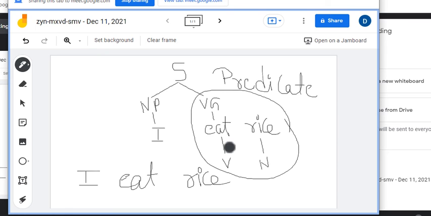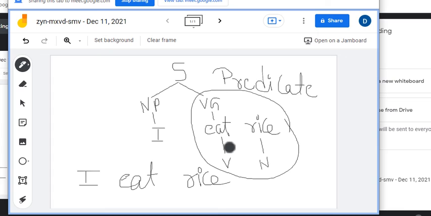So predicate, earlier we used to know something called the predicate. Now the predicate can be understood as the verb group, because what was the predicate? The predicate was that part of the sentence which contained the verb and other parts of it, the verb and the object.